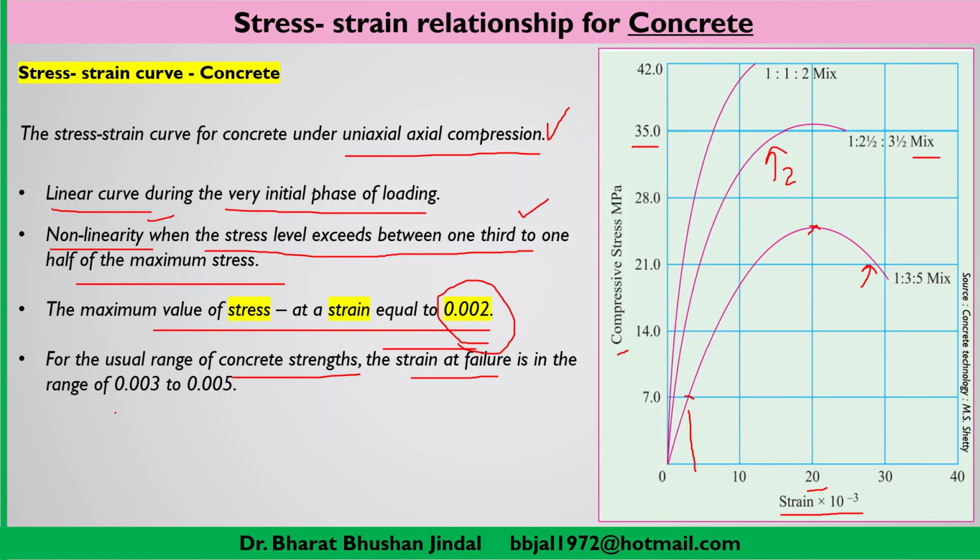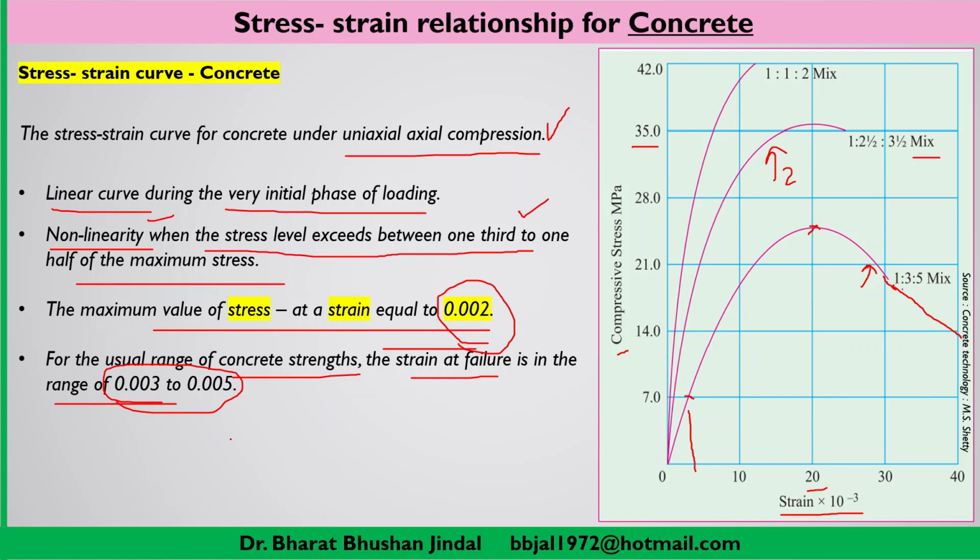That's why we have mentioned here that after that value of strain, if this graph continues like this, then you will find that the concrete sample fails when the strain is beyond 0.003, or you can say 0.003 to 0.005.